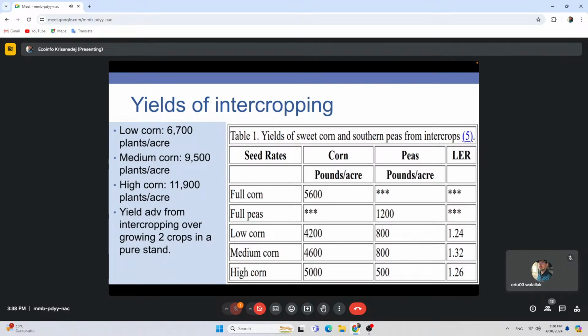But in terms of productivity, how much you receive from the land, this one gives the highest in terms of pounds of product. But if you add an economic factor, like the money the farmer will get, you might say, I don't care much about peas, I'd rather maximize the corn while I receive some peas because I want the natural fertilizer from the peas.